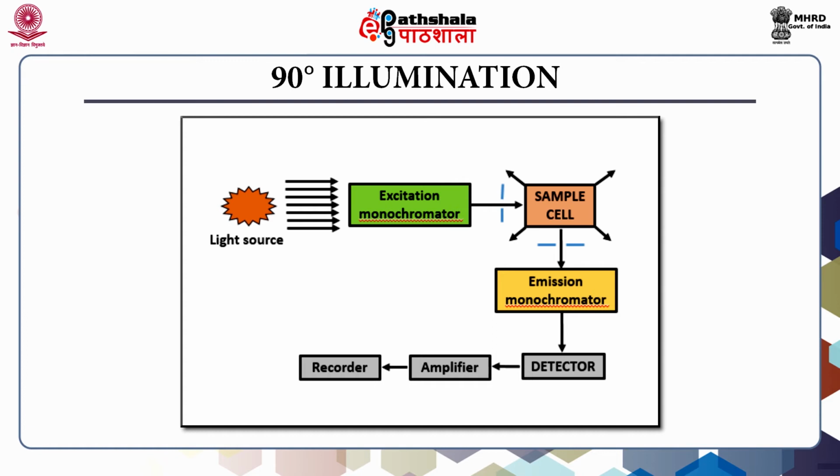In this setup, an angle of 90 degrees is chosen for the emitted fluorescence. The second monochromator, the emission monochromator, is used for the determination of the fluorescence spectrum. The excitation wavelengths frequently selected are in the ultraviolet region and the emission wavelength is in the visible region.